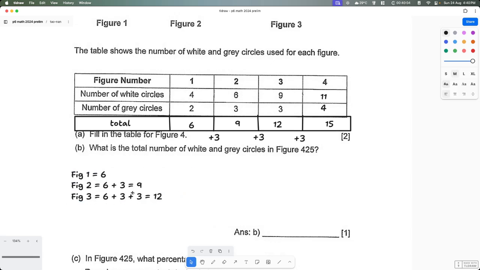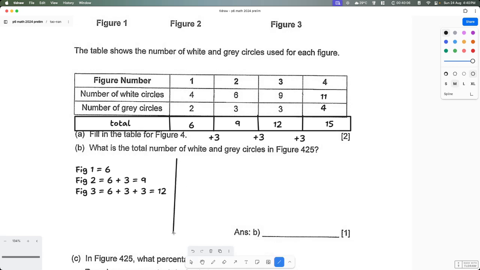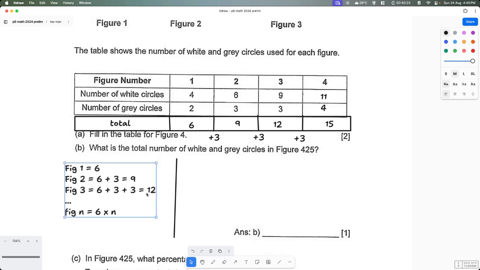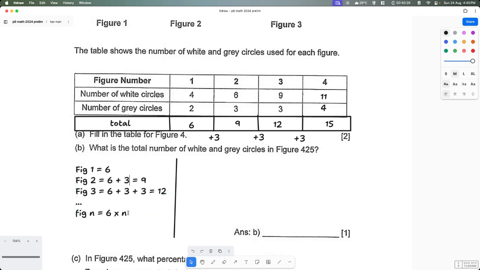So the whole thing will be, figure n is equal to 6 plus 3 times n minus 1.